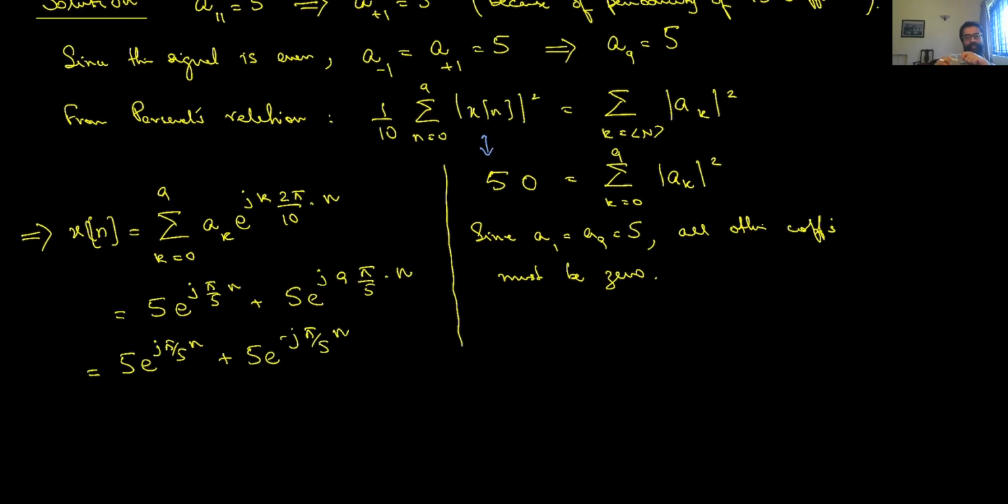Because it's the same as a minus 1, I could have actually summed this from minus 1 all the way up to 8, and I would have gotten the same result. So what I get here is 5 cosine pi by 5. So A equals 5, which is the amplitude. The frequency is pi by 5.